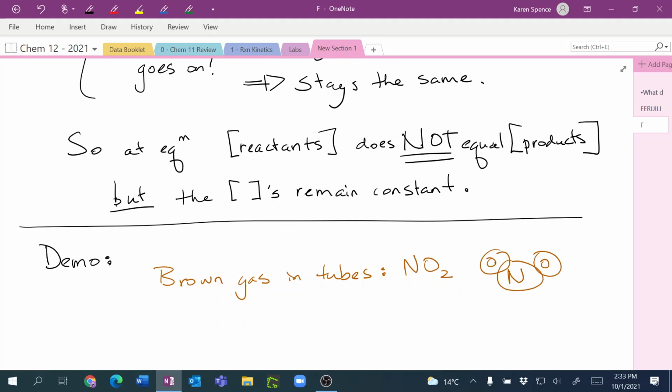What can you say about the color of these two tubes? They are brown. What can you say about the intensity of the color in the two tubes? Compared to one another, what can you say? They look approximately the same, yes? Okay, so we have the same color.